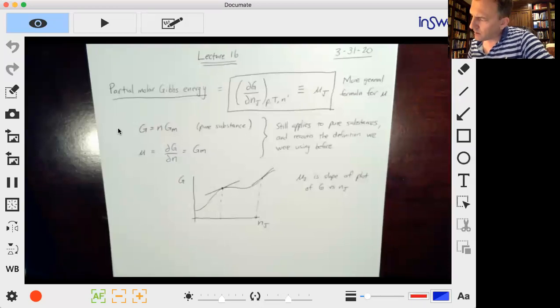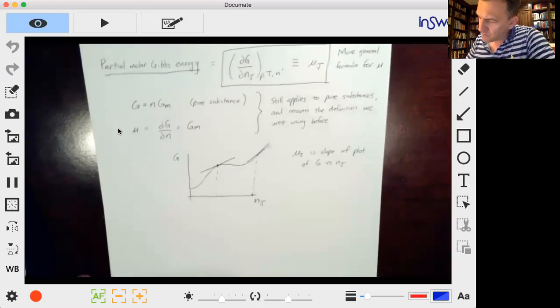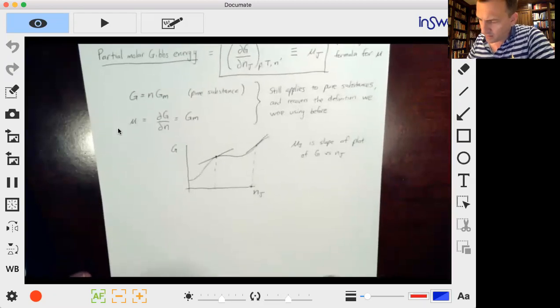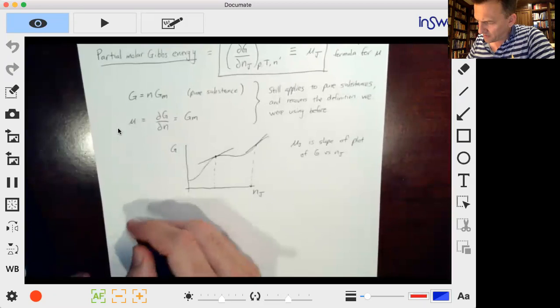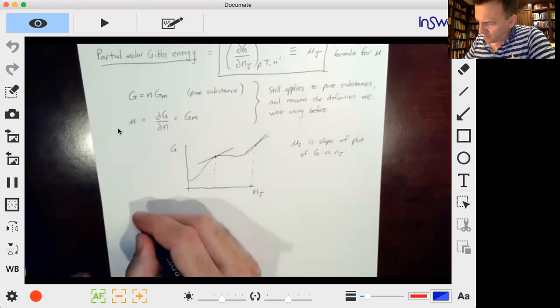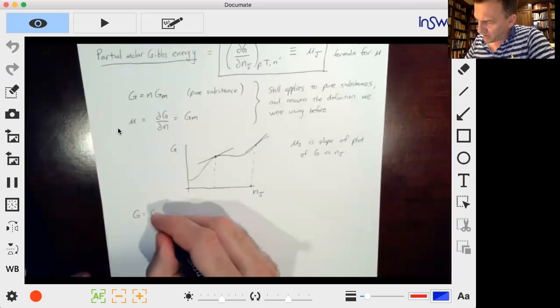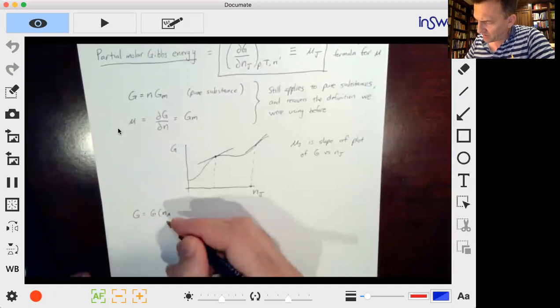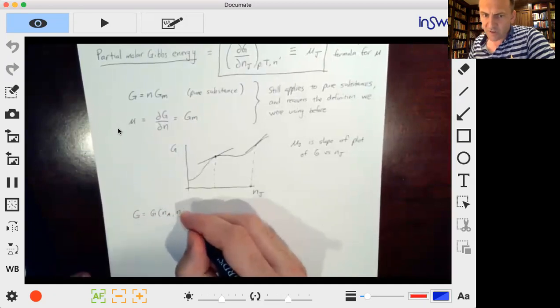Okay, now let's take a look at G for a minute. Let's say that G is a function of the number of moles of some substance A, the number of moles of some substance B, and so on for however many substances we have.